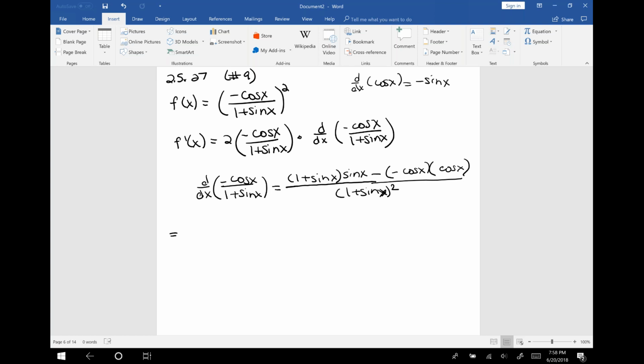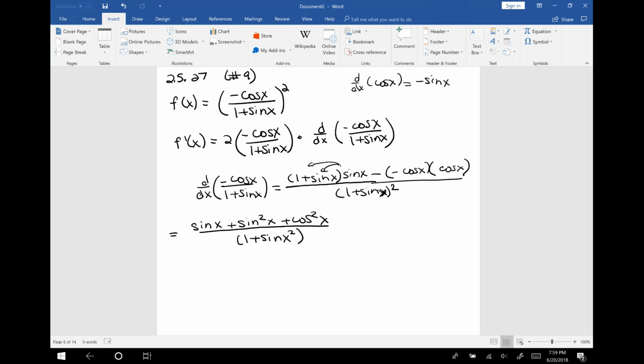And trying to simplify that numerator, we can distribute that sign here, and we have sine of x plus sine squared of x. And then this is going to be a minus times a minus, so it's going to be plus cosine squared of x, divided by 1 plus sine of x squared.